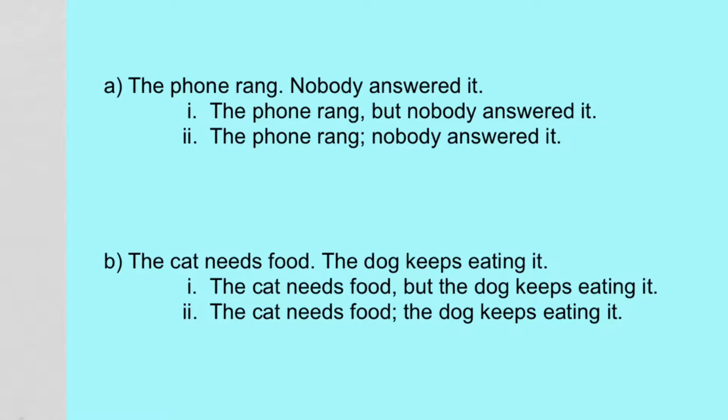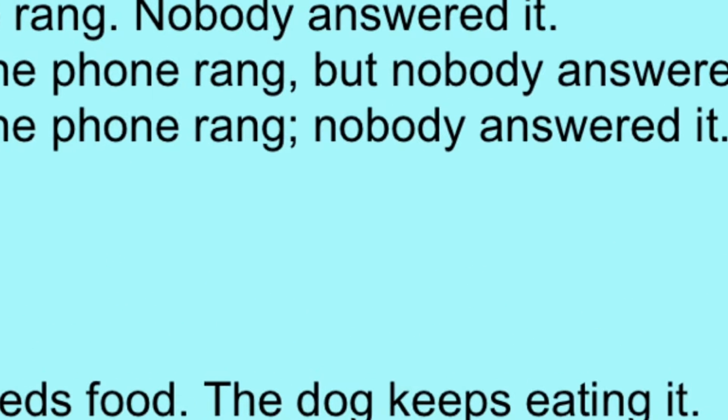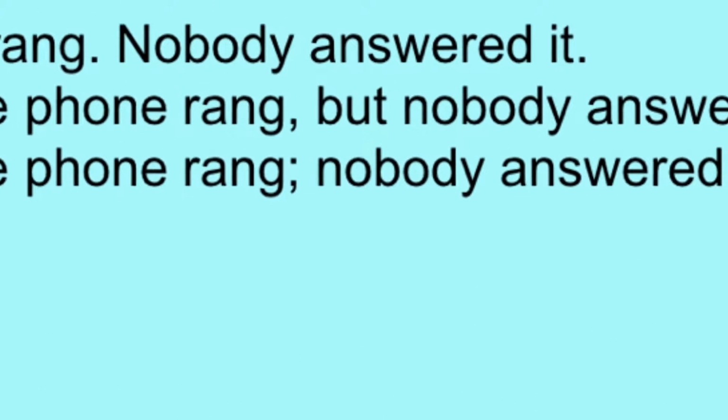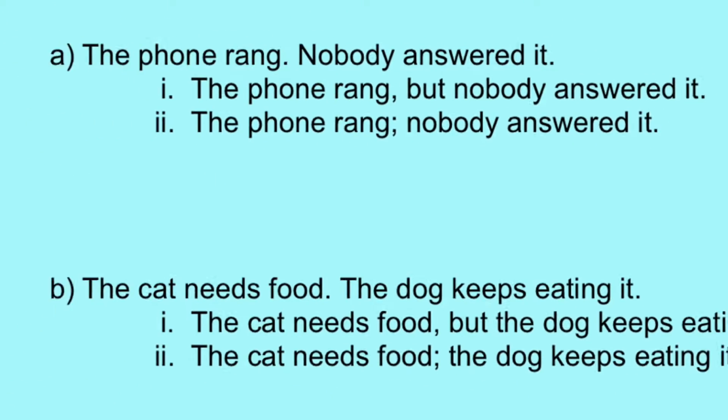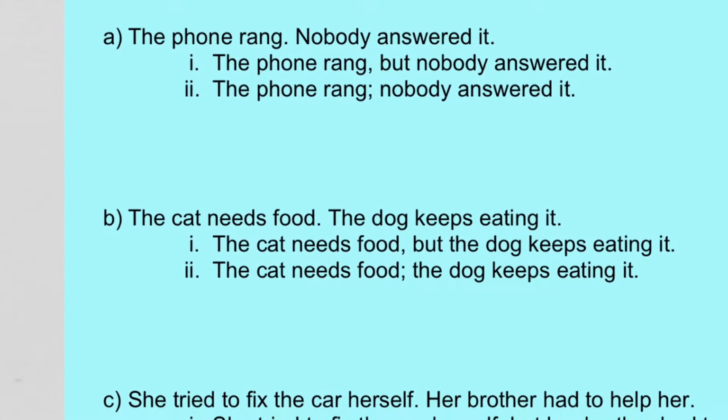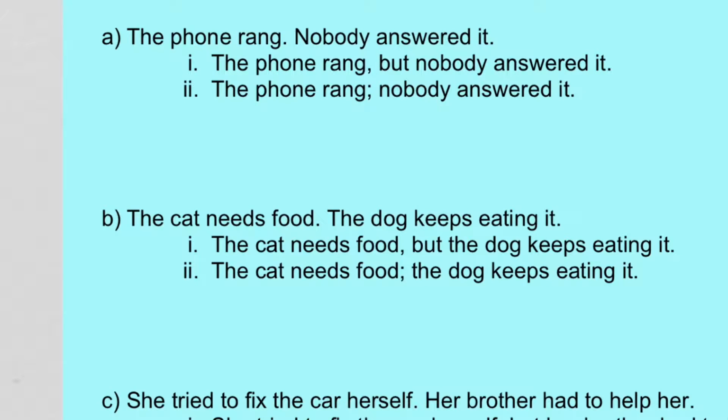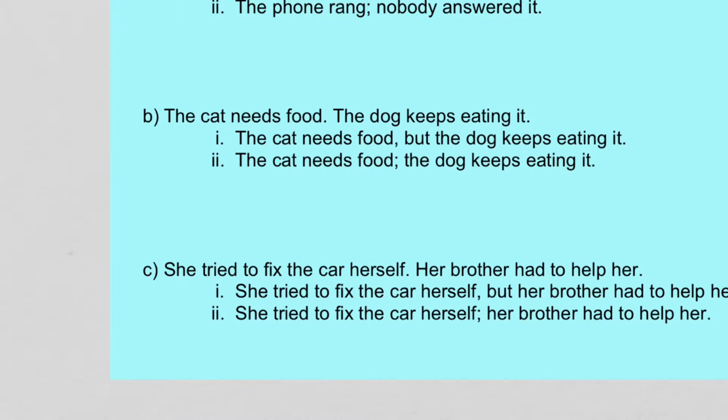So you would say it like this. You'd say, the phone rang, nobody answered it. So it sounds like you have a period, but you don't. You have a semicolon instead of this comma but. And just so that you know, whether you have two separate sentences, comma but, or a semicolon, all three ways of explaining the situation are correct.